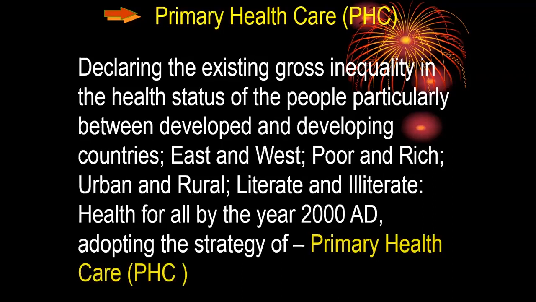That is, primary healthcare is a healthcare delivery system approved by the Alma-Ata Declaration in the presence of 134 representatives from 134 countries. The main idea is to provide uniform healthcare services to all the people of all countries.